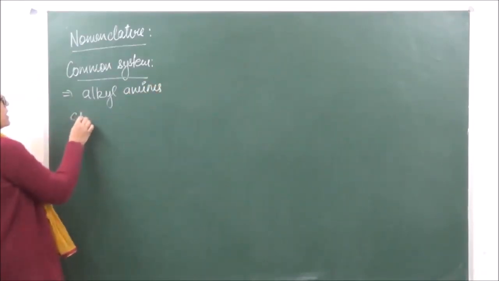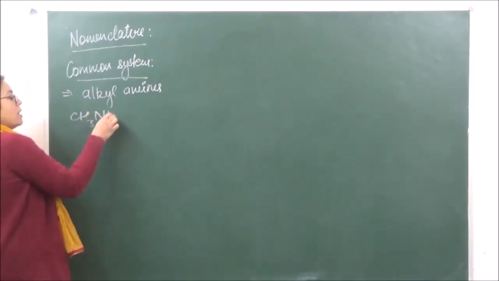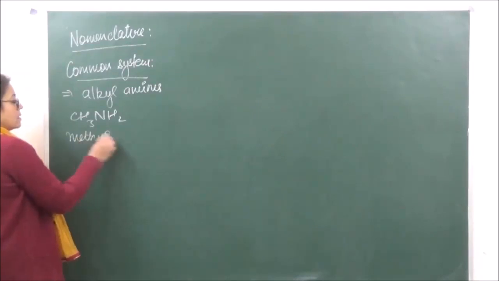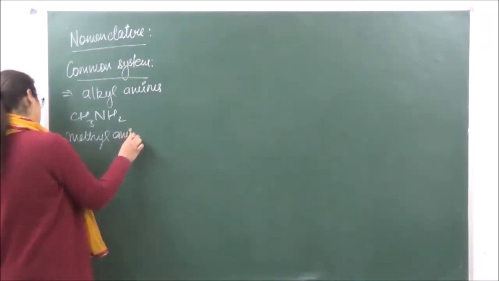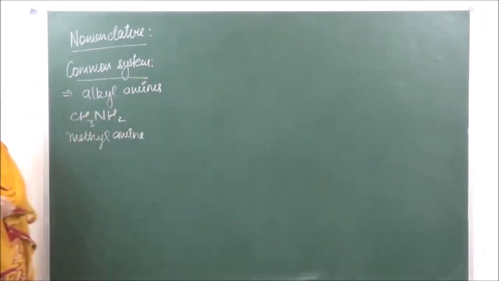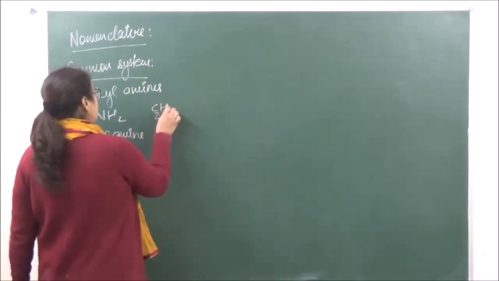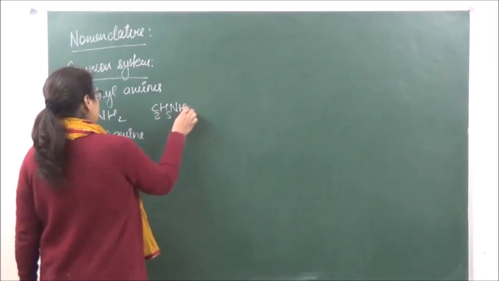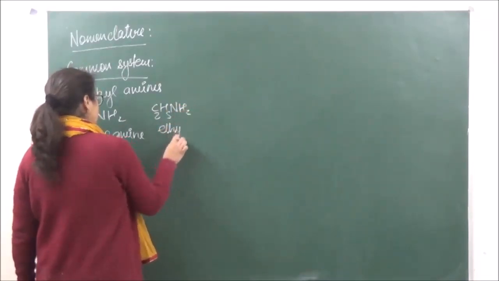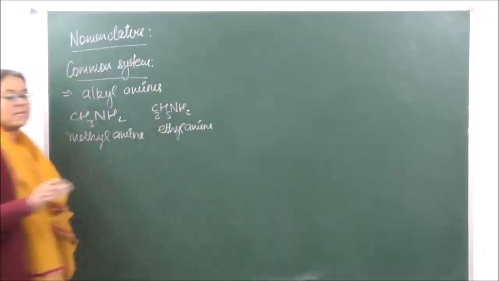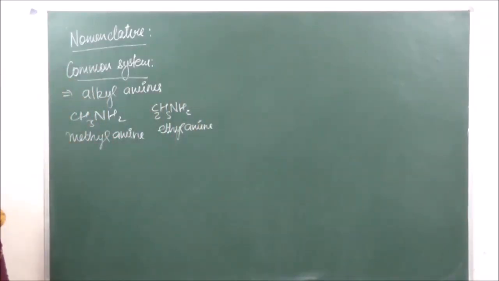For example, if we are taking the simplest kind of amine over here, this is going to be known as methylamine. Okay? Or we have this, which is known as ethylamine. Okay?